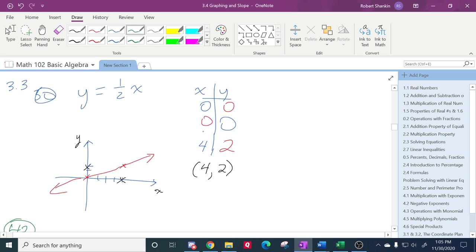So for instance, if the X was a 2, plug it in there and you'd get a 1. If the X was a 6, you get a 3. But each one of these is really a point in space.